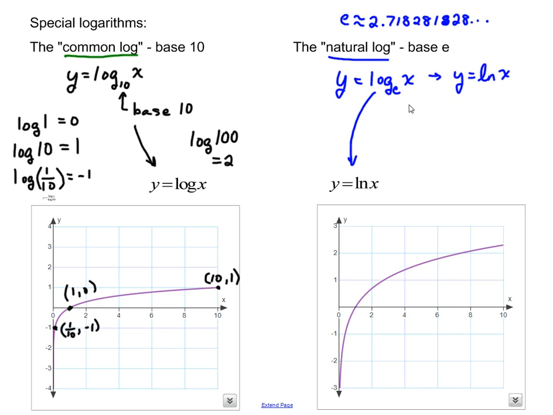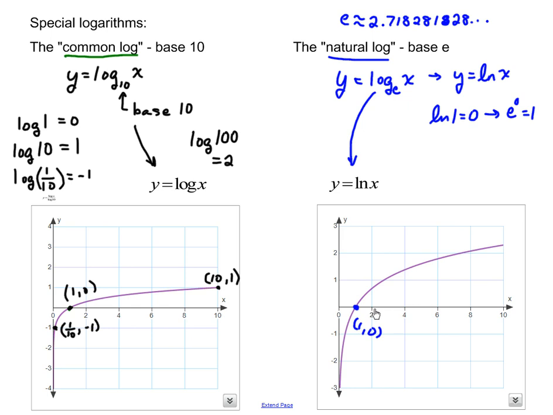When that's the case, we have the kind of function that, again, passes through the point (1, 0), because just like all good logarithms, the natural logarithm of 1 is equal to 0, because e to the 0 is equal to 1. Any base other than 0 raised to the 0 is 1.